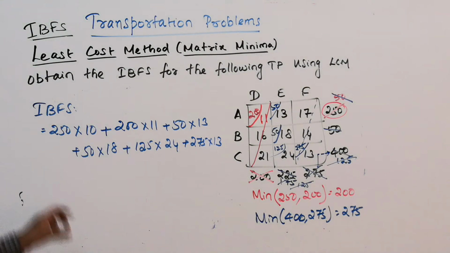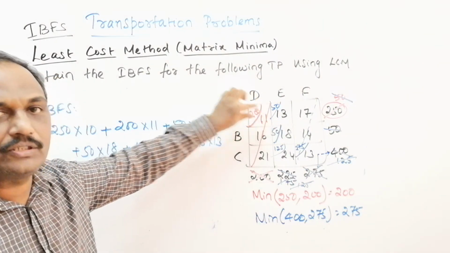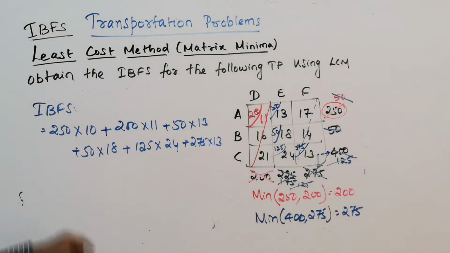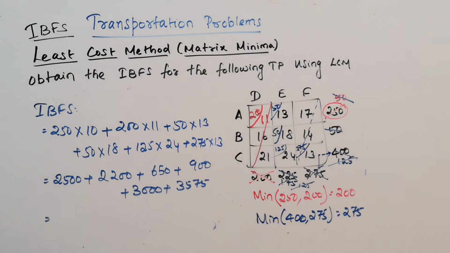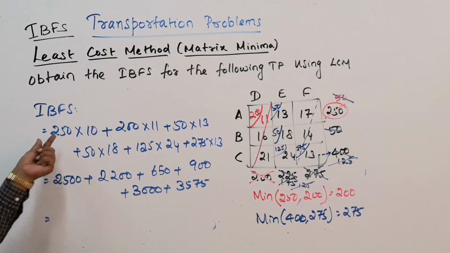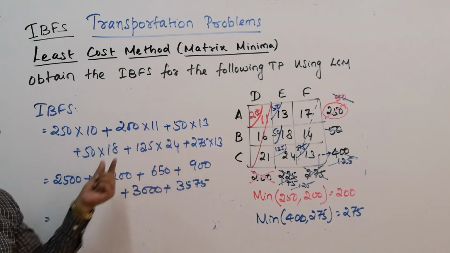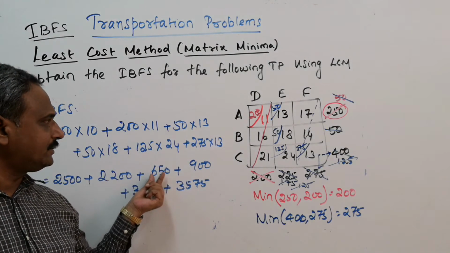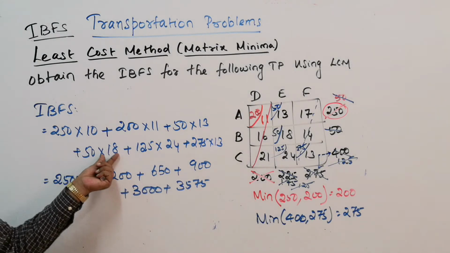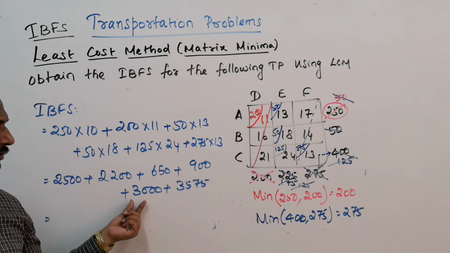So we take the corresponding allotment and cost, and we find the total IBFS value. 250 into 10 is 2500. 200 into 11 is 2200. 50 into 13 is 650. 50 into 18 is 900. 125 into 24 is 3000.